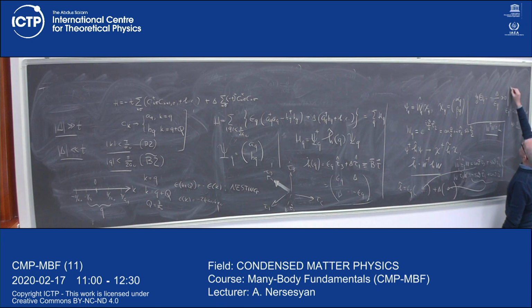And then you write down precisely what you want. You will write down the sine of theta of q, which is sine over cosine, right? Delta divided by e of q, and the cosine theta of q must be minus epsilon of q divided by e of q, where e of q, you already know this, is nothing but the square root of epsilon q squared plus delta squared, which is the same as 4 times p naught squared cosine squared q a naught plus delta squared.